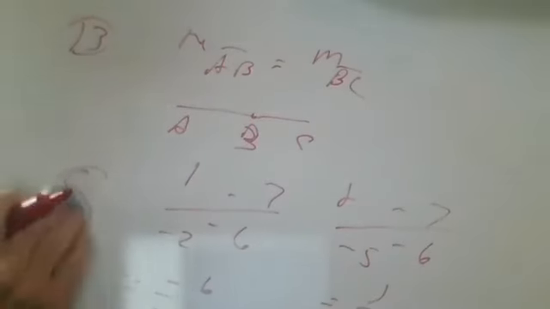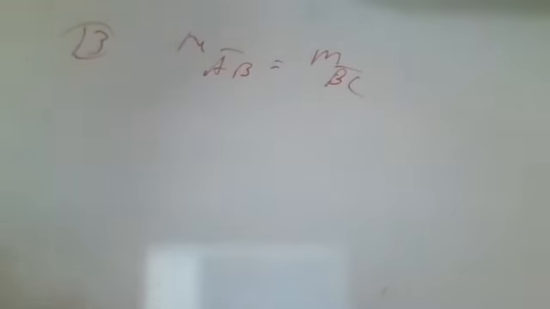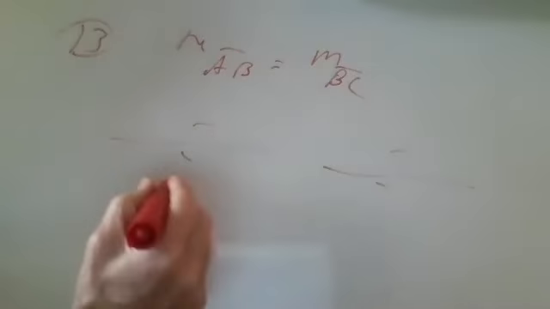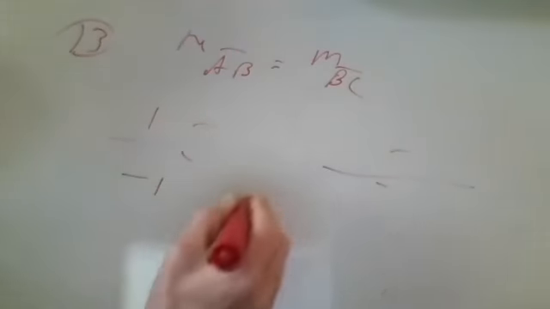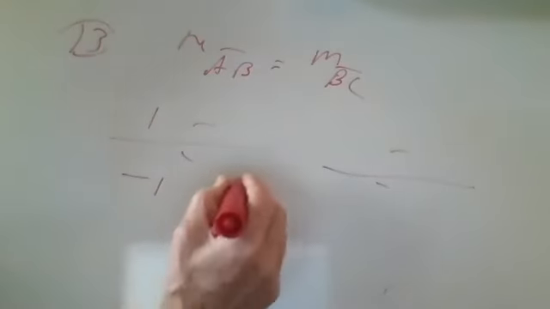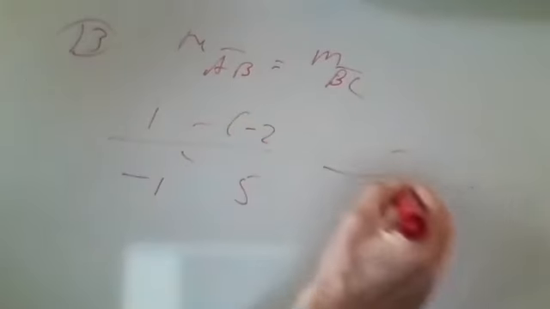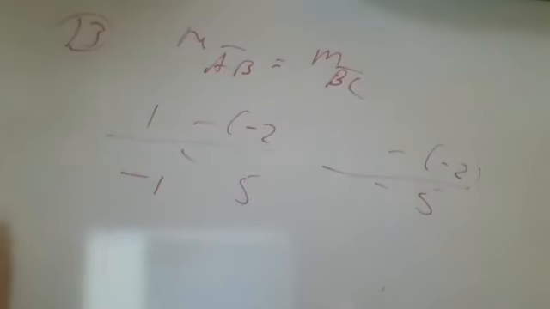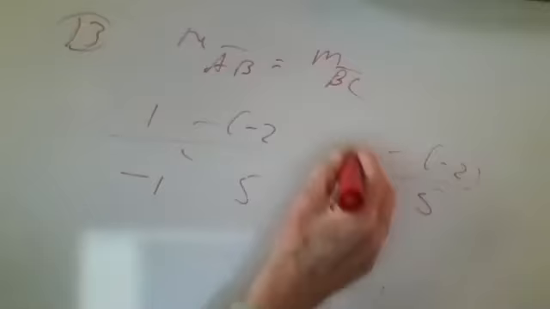So let's go back and look at B. For B, A is -1 and 1. And B is 5 and -2. And C is -7 and 4.